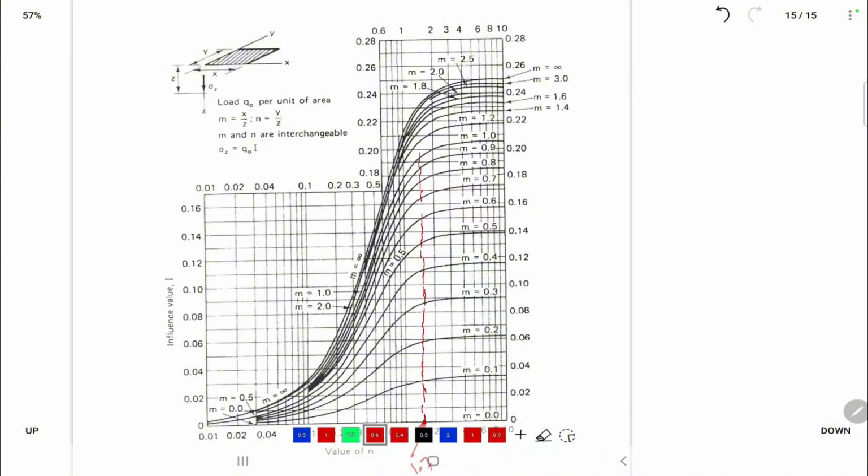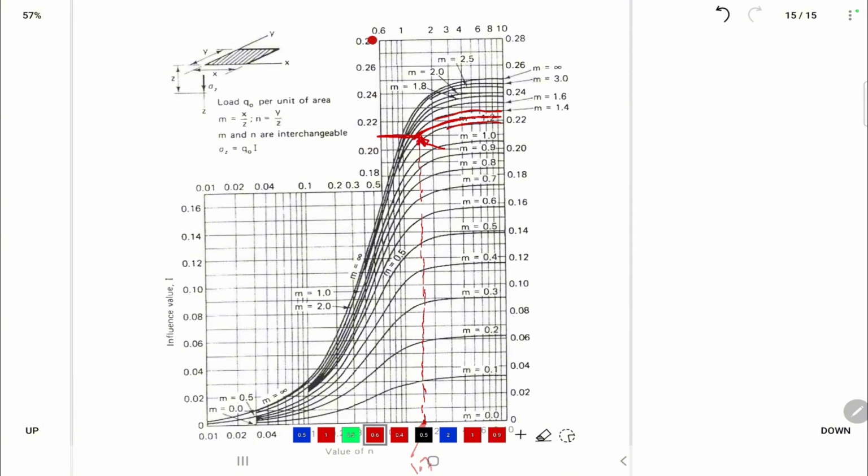Here M is 1.2, and here M is 1.4. So it is somewhere between 1.4 and 1.2. This is approximately M here. I'll go here to read the value.